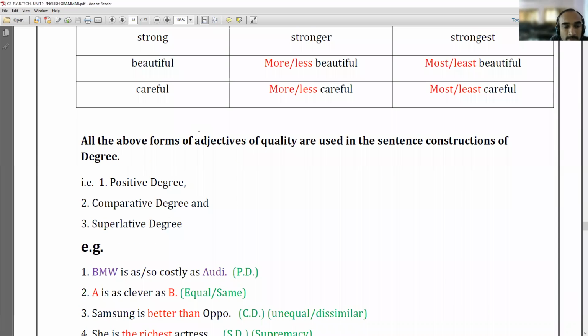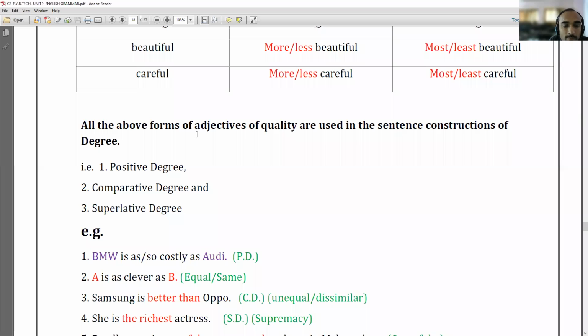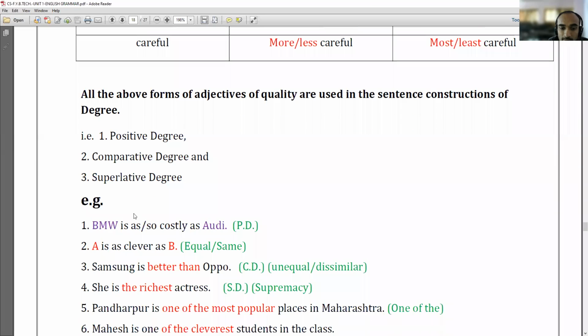Look at the next part of this chapter. All the above forms of adjective of quality are used in the sentence construction of degree. So I have told you that. Okay, all of these forms of adjective, that is positive, comparative and superlative form, okay, are used in the sentence construction of degree. जेव्हा डिग्रीची आपण वाक्य बनवतो तर त्याच्यासाठी आपण या 3 फॉर्मचा यूज करू शकतो. दॅट इज पॉझिटिव्ह डिग्री, comparative degree and superlative degree.